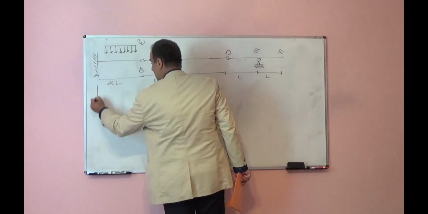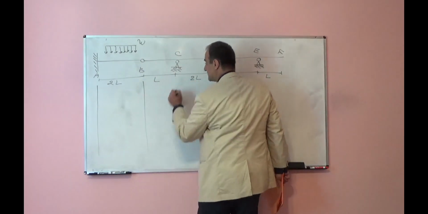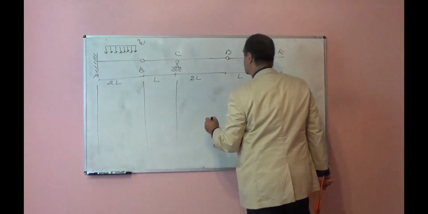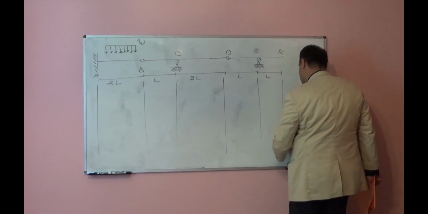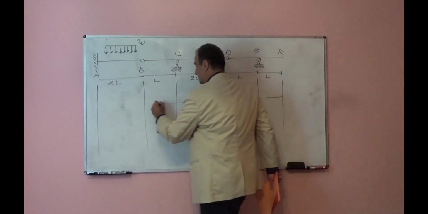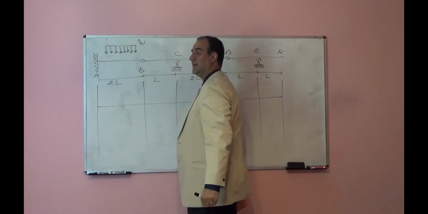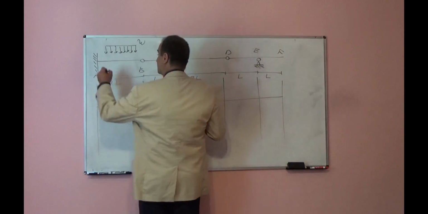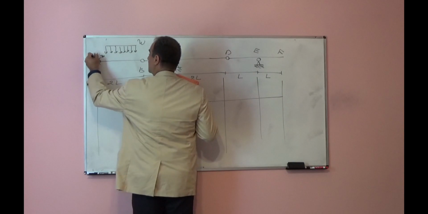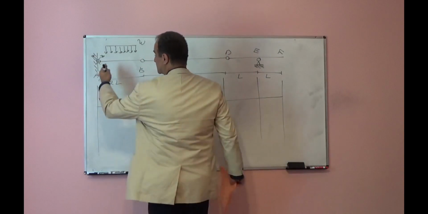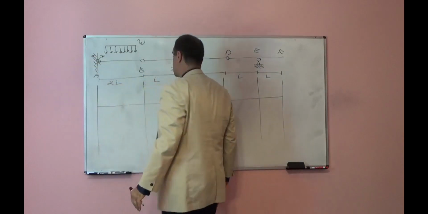Because we want to find the maximum moment at support A, I should draw the influence line for moment at point A. At point A, I will put a hinge and apply a rotation. This side is ground, so no rotation.